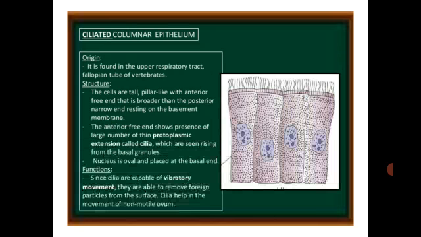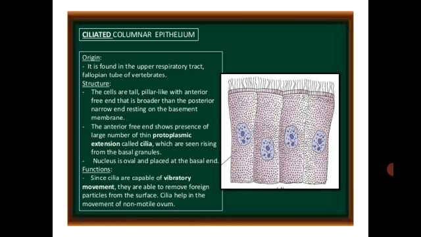And the next is ciliated columnar epithelium. It is found in the upper respiratory tract and the fallopian tube of vertebrates. These cells are tall, pillar-like, and the anterior free end shows the presence of a large number of thin protoplasmic extensions called cilia.